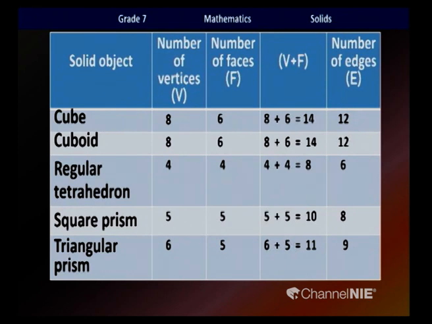In the square pyramid, the addition of the number of vertices and faces is 10 and when we take the difference, once again it's 2. In the triangular prism also, the addition of the number of vertices and faces is 11. When we get the difference between the addition and the number of edges, it is once again 2.